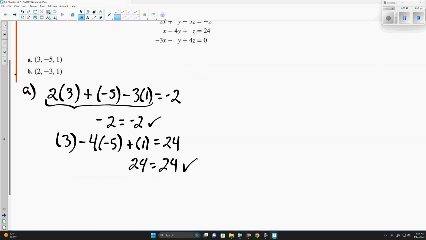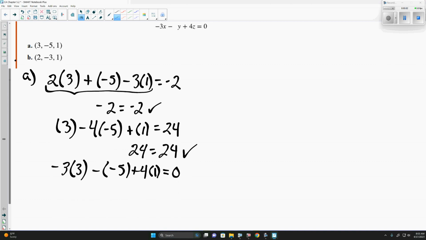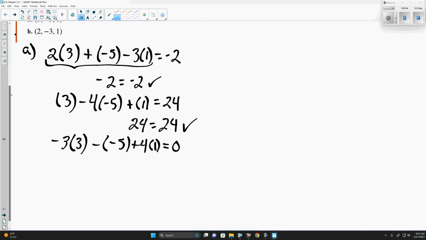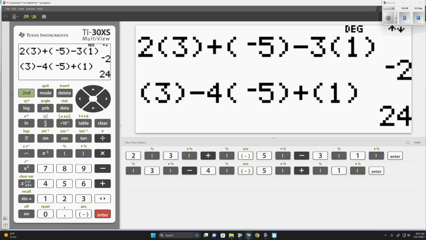And that brings us to the last equation, negative 3 times 3 minus negative 5 plus 4 times 1 is equal to 0. And again, we can plug this into the calculator.